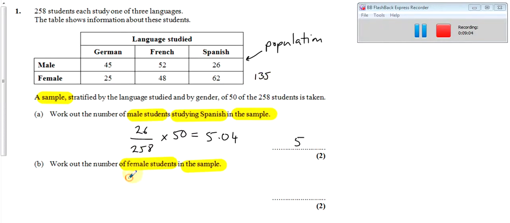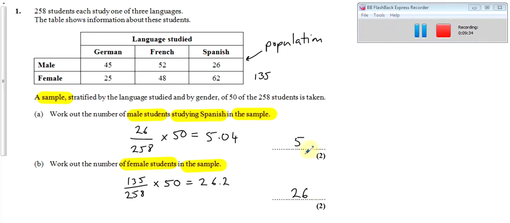So for the sample, it's 135 out of 258, and then the sample size on the end. So just editing on my calculator, because that's what anyone who has practiced will do. 135 over 258 times 50, and my calculator gives me 26.2, which is 26. There we are.